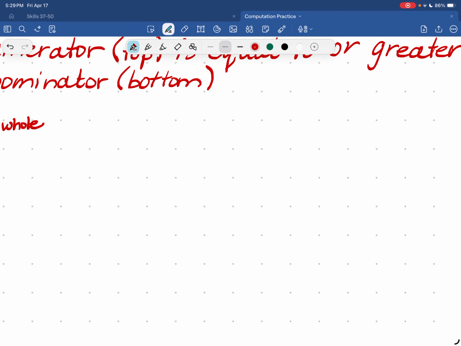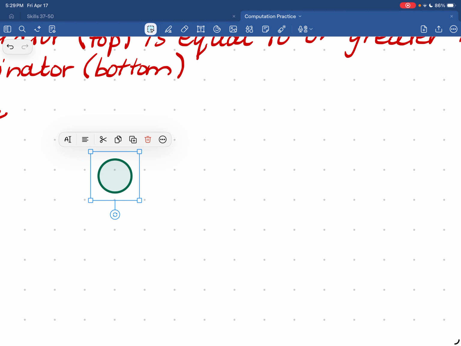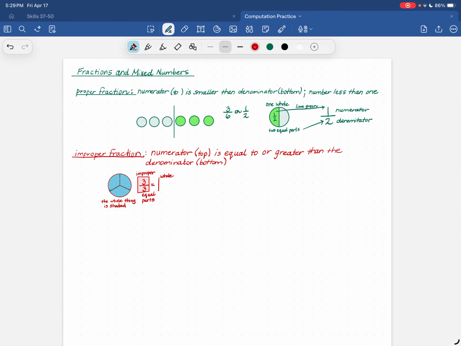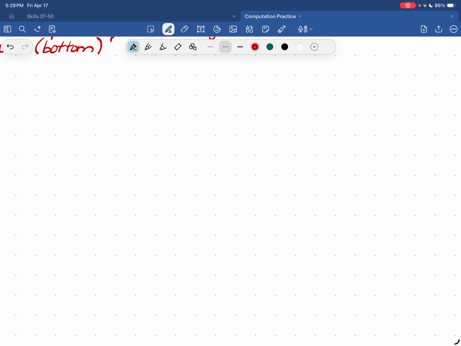So let's consider example 4. And to do that, I'm going to need, not that. Let me do another drawing. I meant to copy that and save it, but I didn't, so I'll draw another one. Let's draw a circle, and let's cut it into 3 equal parts. It is important that the parts are equal, because then you can work with fractions.